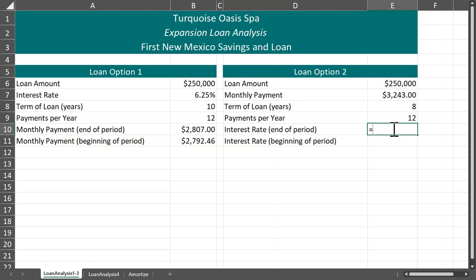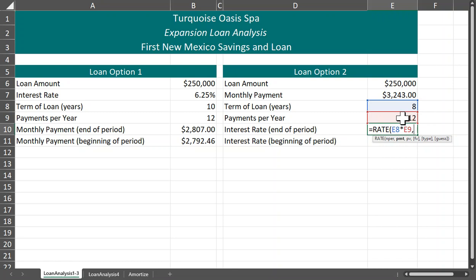So we'll do equal, and then the function we're going to work with is rate. And we'll accept that. So the number of payments, this one happens to have 8 years. So we'll do E8 times number of payments per year, which is E9, comma.